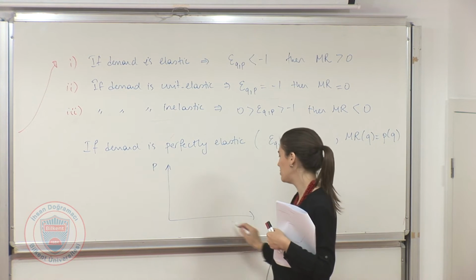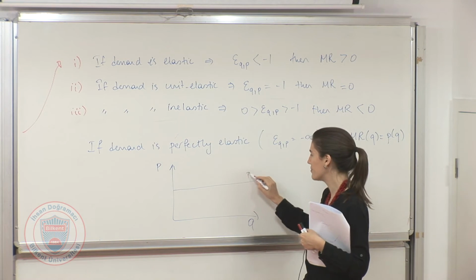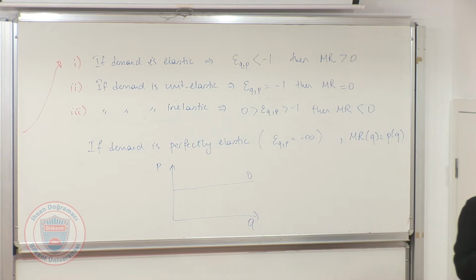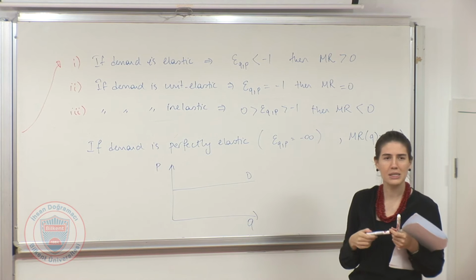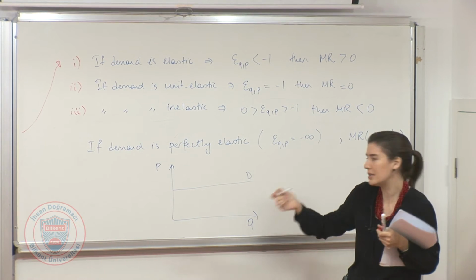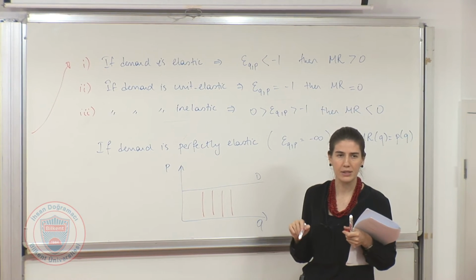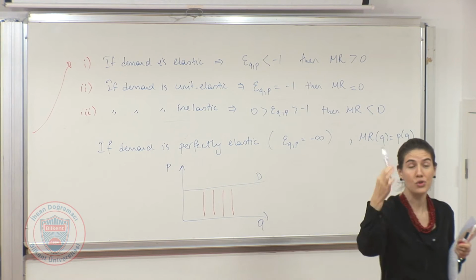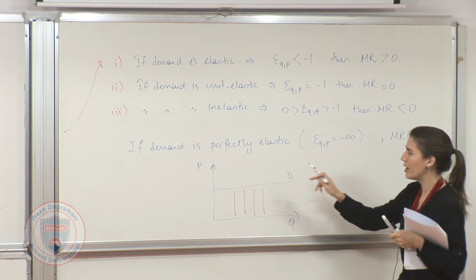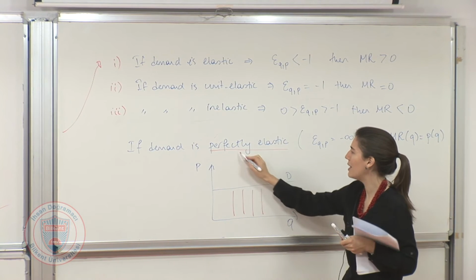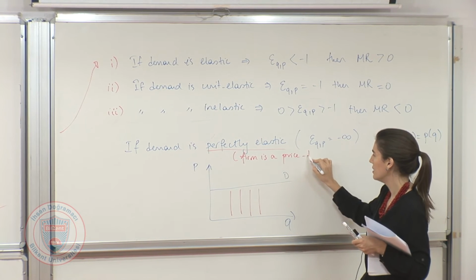If you put here P and here quantity, a perfectly elastic demand curve is something like this. And this is what we say, the firm is a price taker, right? Because whatever you sell, you cannot affect the price. You can sell each unit at the same price. So if demand is perfectly elastic, it means that the firm is a price taker.